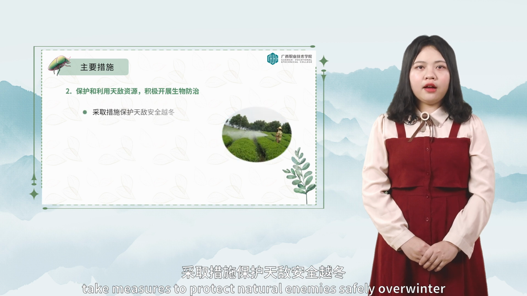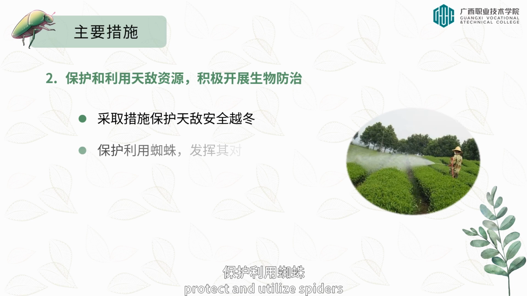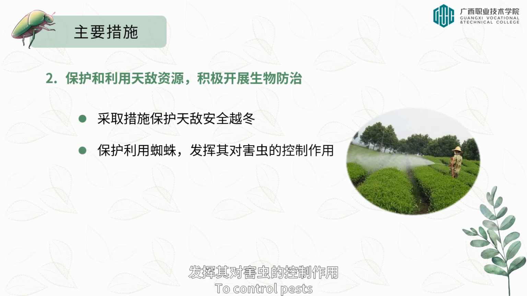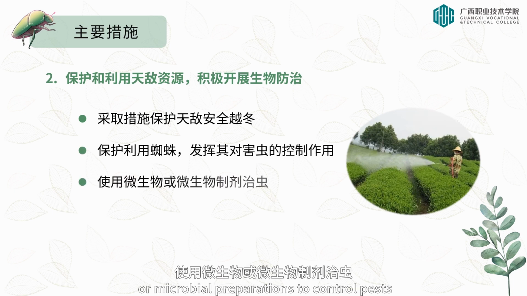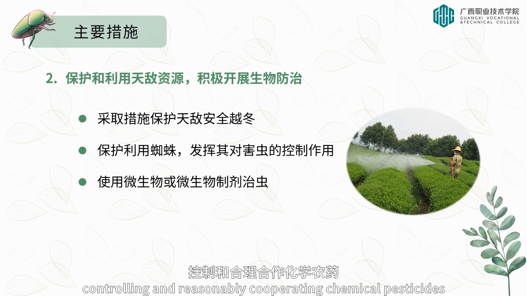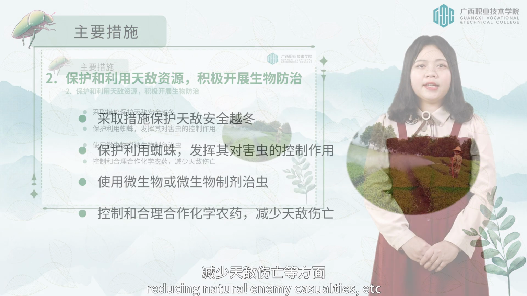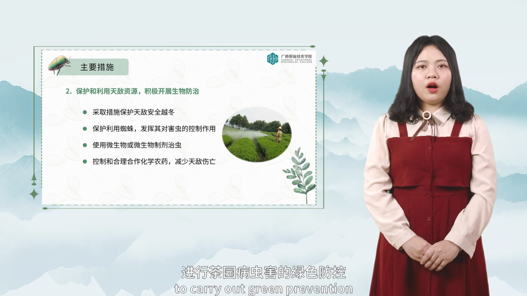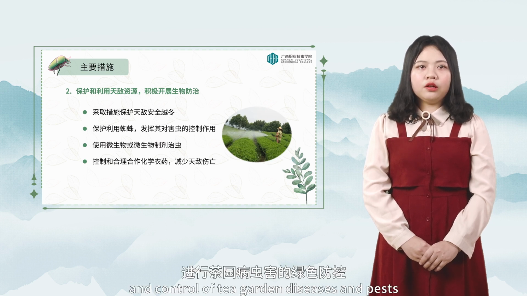Take measures to protect natural enemies safely over winter, protect and utilize spiders to control pests, using microorganisms or microbiome preparations to control pests, controlling and reasonably cooperating chemical pesticides, reducing natural enemy casualties, etc., to carry out green prevention and control of tea garden disease and pests.